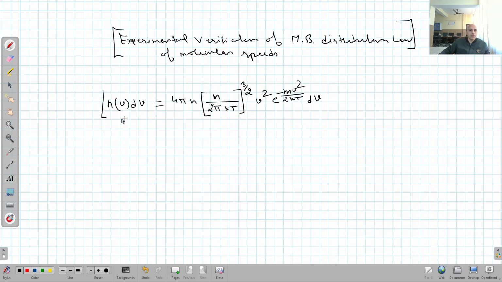This was the Maxwell-Boltzmann distribution law for molecular speeds. Clear?